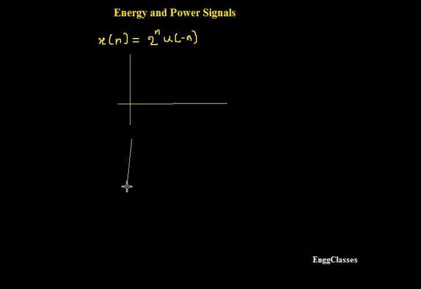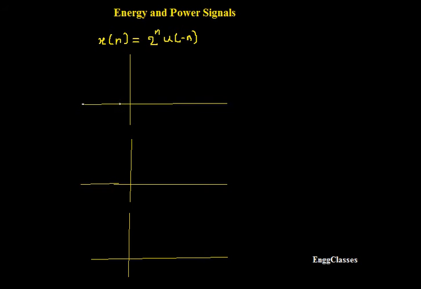So that's why I'm drawing the graph over here. This will be 2 to the power n, this will be u of minus n. Ultimately I'll get the product signal. Are you getting what I'm saying? I'll draw a little bit on the negative side as well, because that is also important for us.